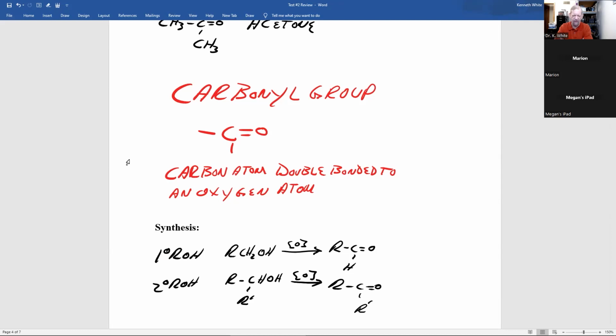And you should know how to draw the carbonyl group. You see it on the screen, and you should know how to describe it with words. What is a carbonyl group? It's a carbon atom double bonded to an oxygen atom.